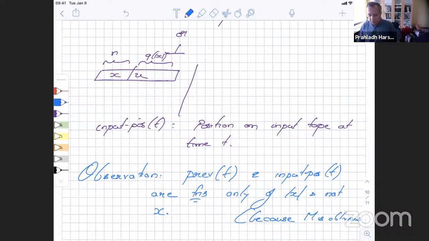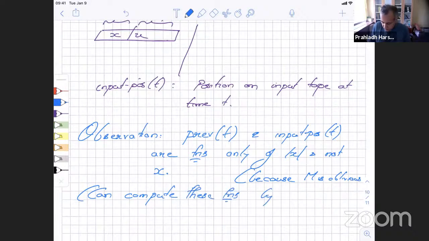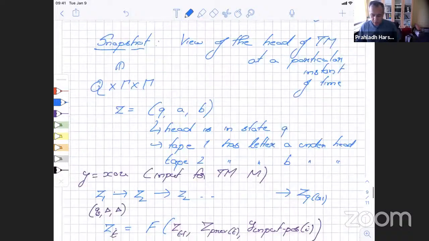You can find out these functions by just running M on input, say 0 to the mod x. That is, you ignore the input, take only the input length and run it on this, and you will be able to find out these. So once you have these, now I want to claim, now you can implement all of these 3 steps.